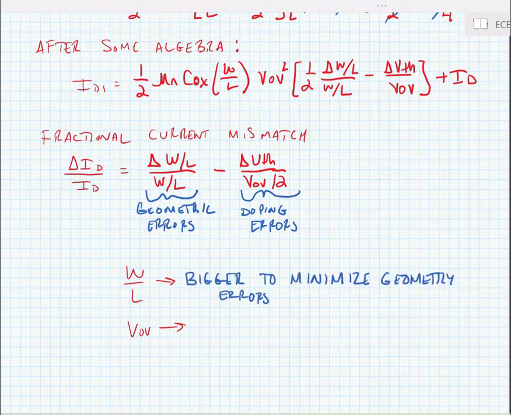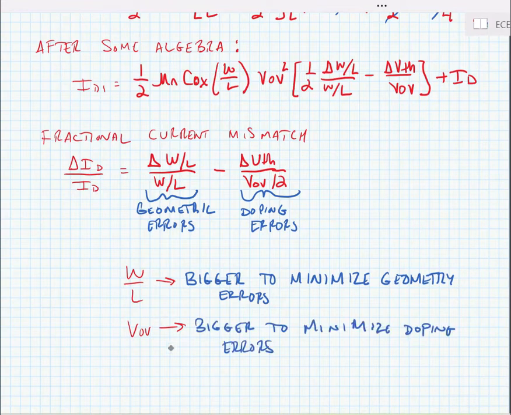Now remember, our VOV is given by the square root of 2 ID over mu Cox times W over L. So this tells us that if we want to minimize doping errors, we need to maximize VOV. And in order to do so, that would imply that we need to increase the drain current, given that we're also going to be increasing W over L to minimize geometric errors.